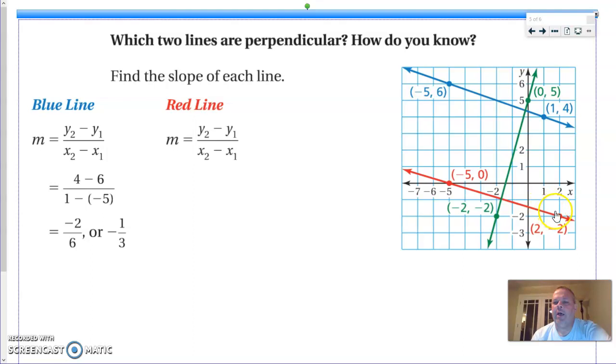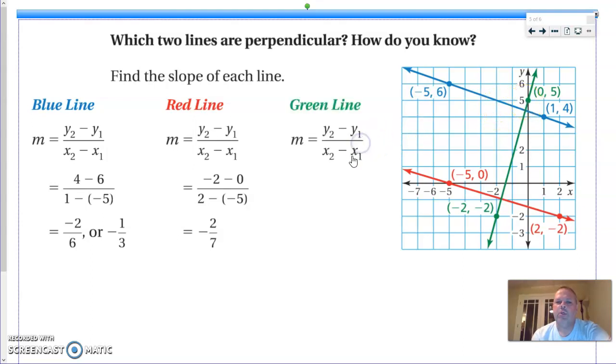The red line, I'm going to go up 1, 2 over 1, 2, 3, 4, 5, 6, 7 in that case. They did the y2 minus y1 over x2 minus x1, and they got the same thing. Lastly, green, we've got 1, 2, 3, 4, 5, 6, 7 over 2. So it's going to be 7/2.